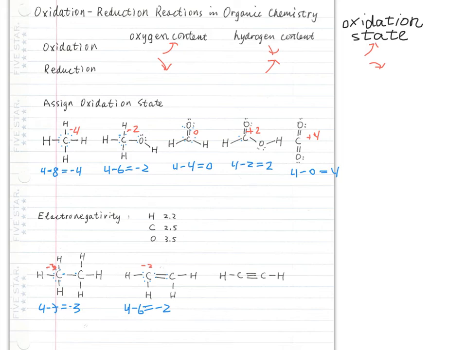And in the case of acetylene, each individual carbon has an oxidation state of -1.